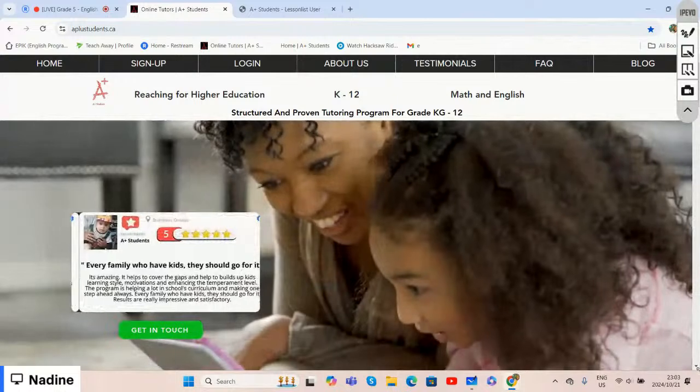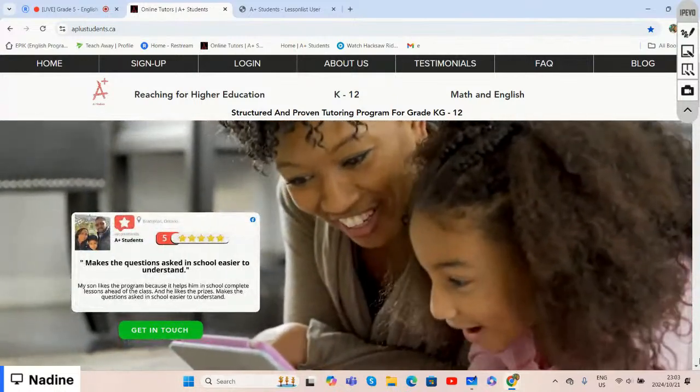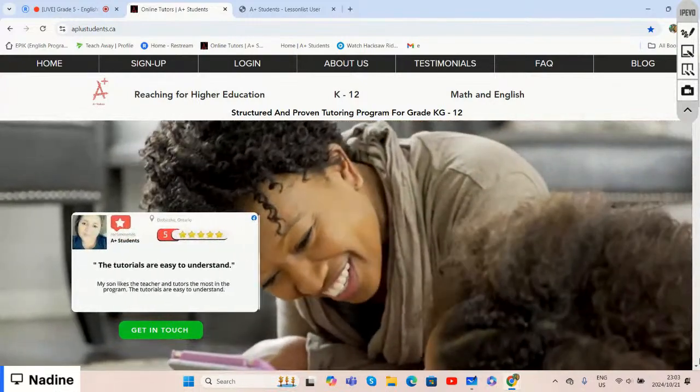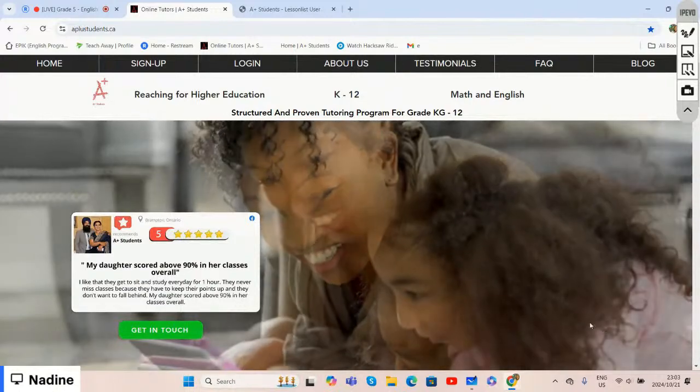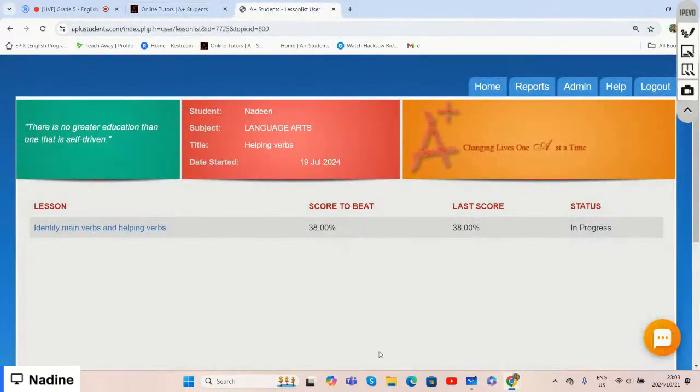We're doing grade 5. And then we're going to scroll down until we get to our chapter of helping verbs.